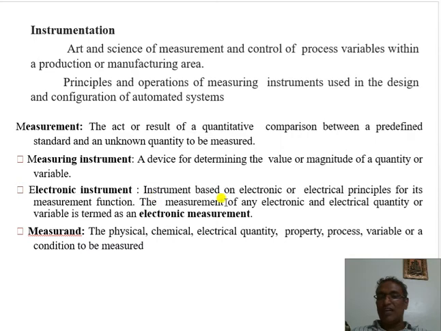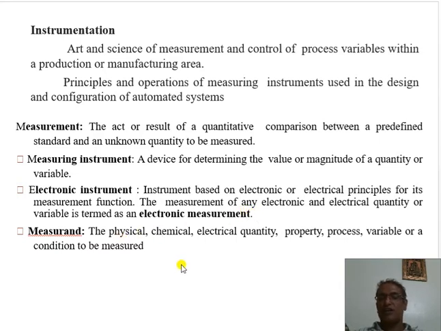The measurement of an electronic and electrical quantity or variable is termed electronic measurement. Examples are voltage, current, resistors and different types of devices. We are going to measure those quantities; that is what we call an electronic instrument.